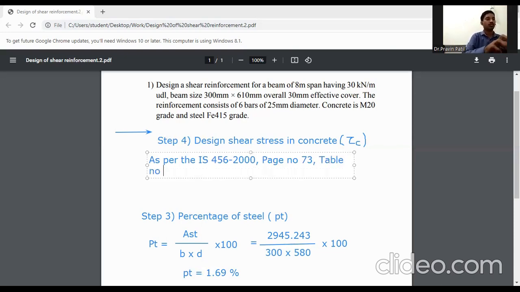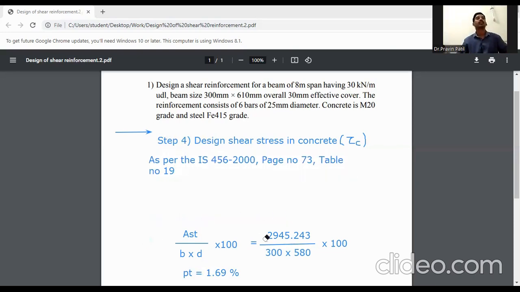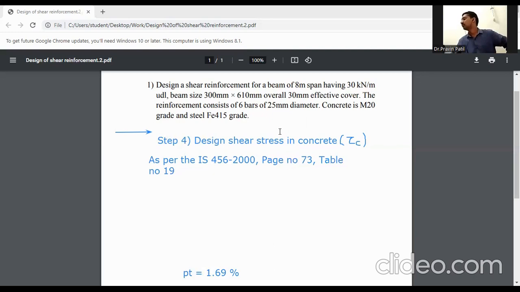So percentage of steel is 1.69. Grade of concrete is M20. So for M20, we take the second column, M20, for 1.69.